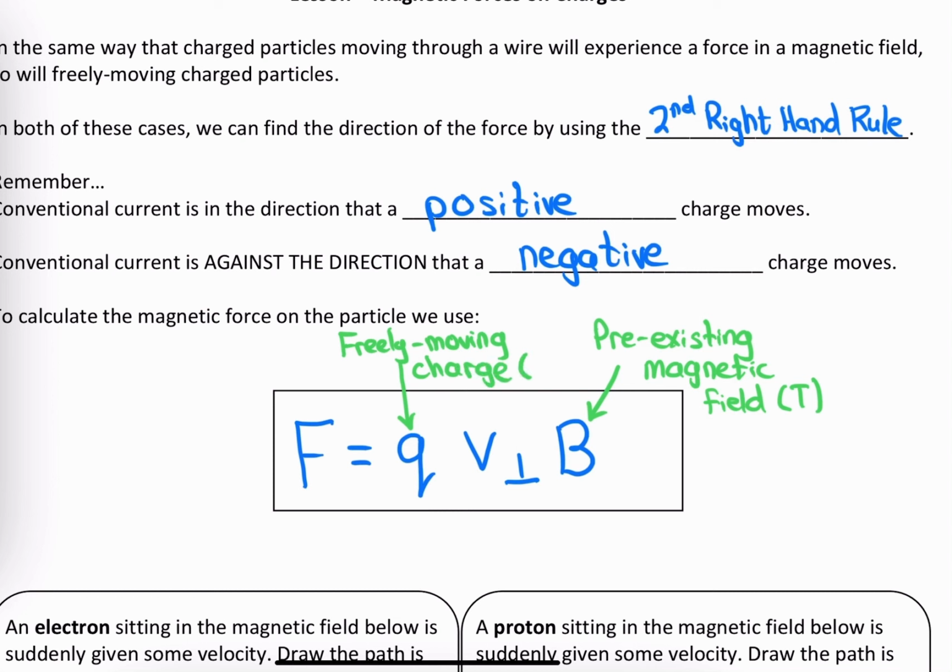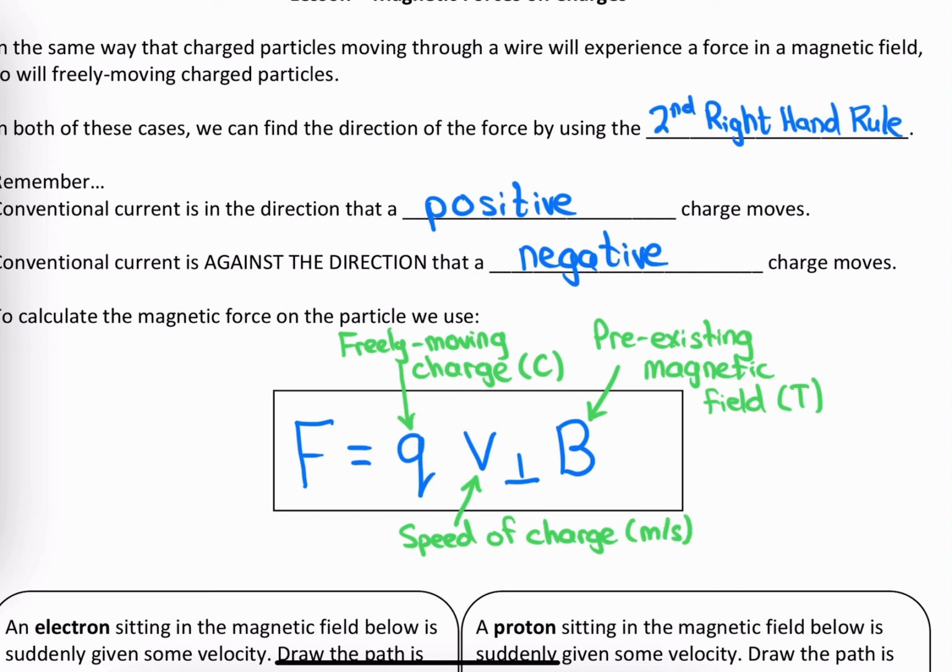And the charge is going to be measured in coulombs. V here is the speed of the charge, and that's going to be in meters per second.